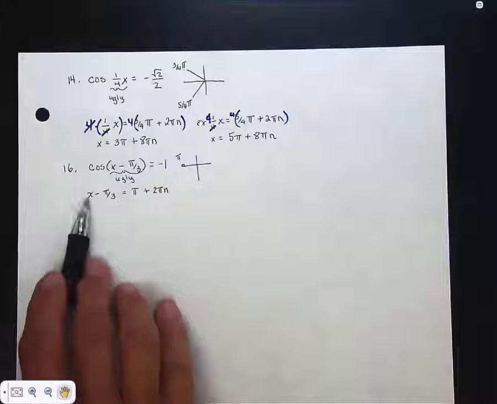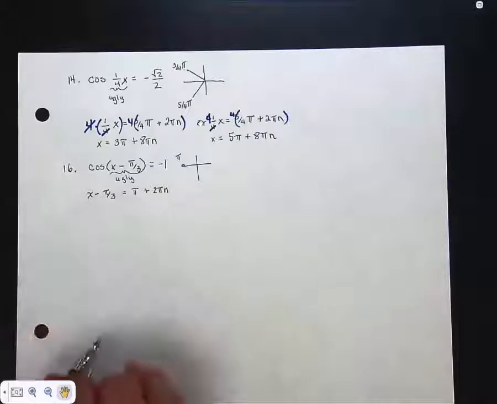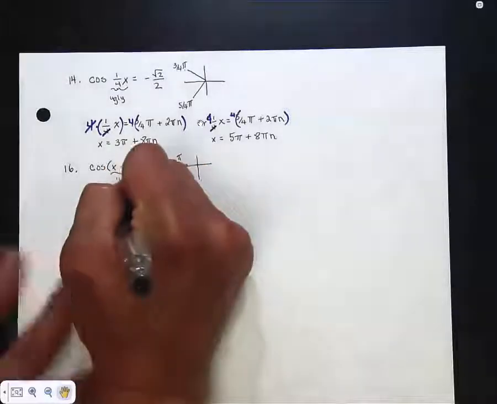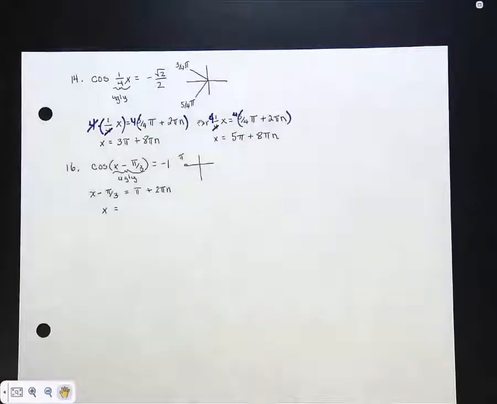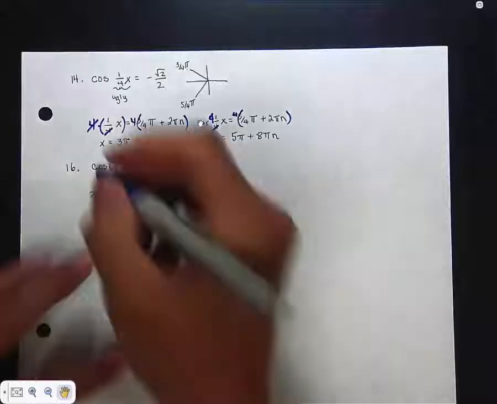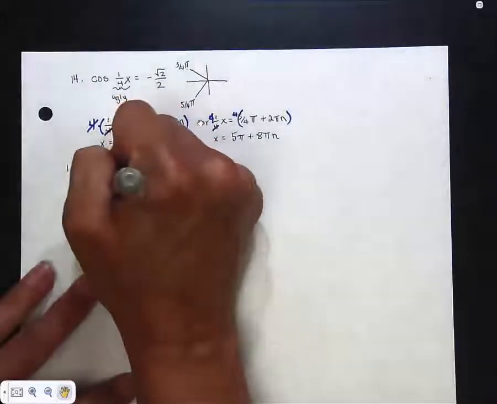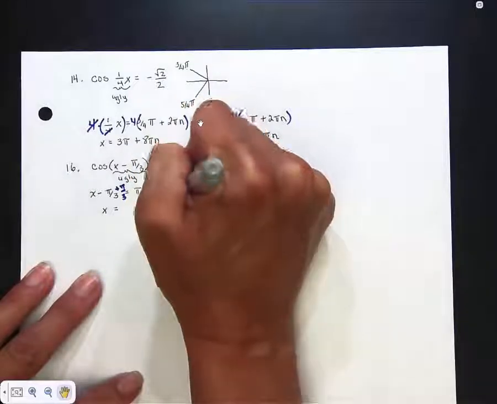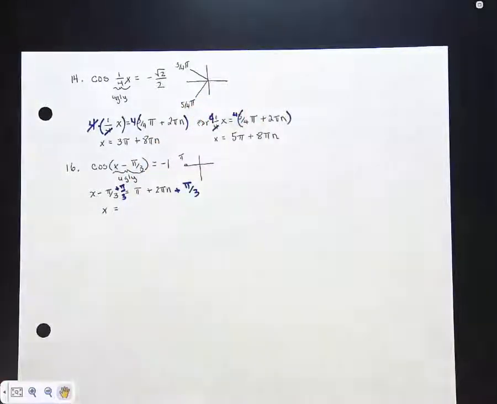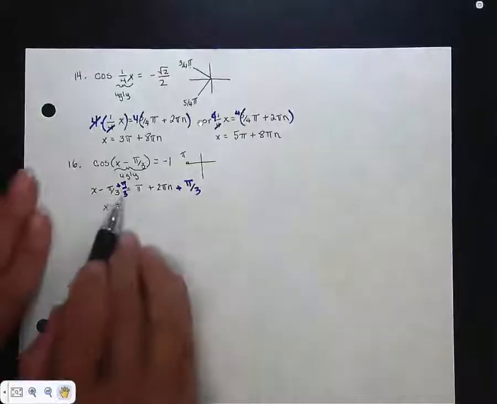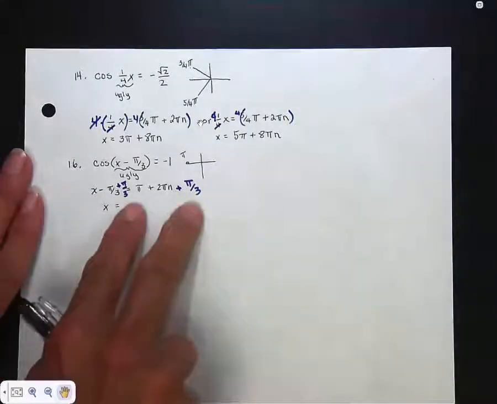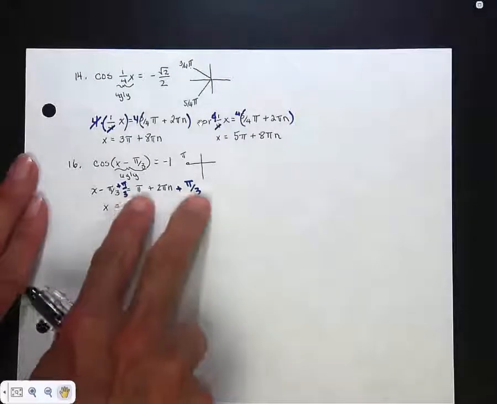To solve for x, all we have to do is add pi over 3 to both sides. And notice that when you add pi over 3 to both sides, on the left-hand side, that leaves you the x just like you want. On the right-hand side, you just combine like terms.